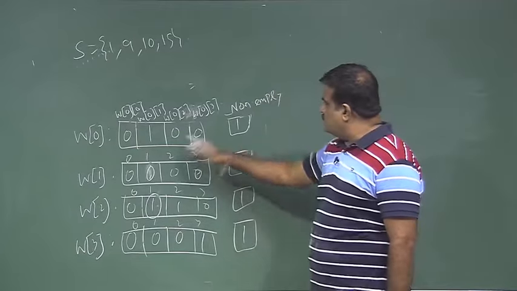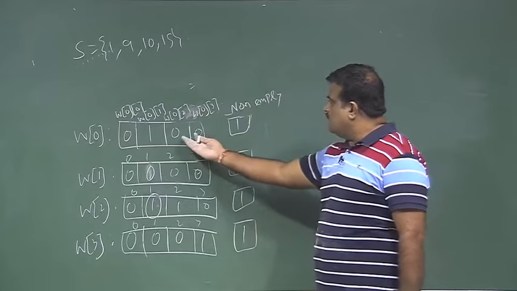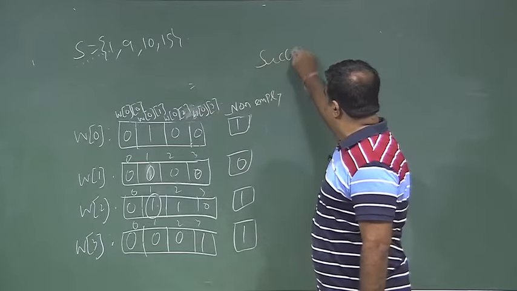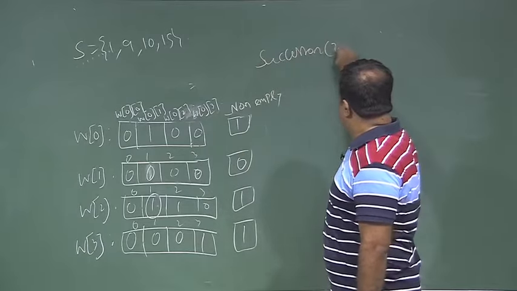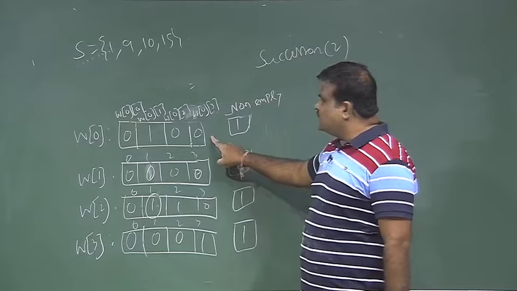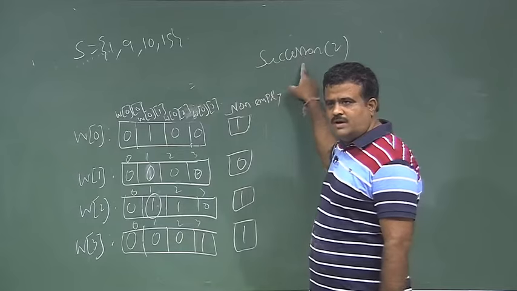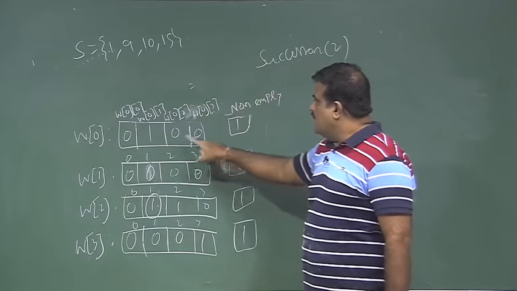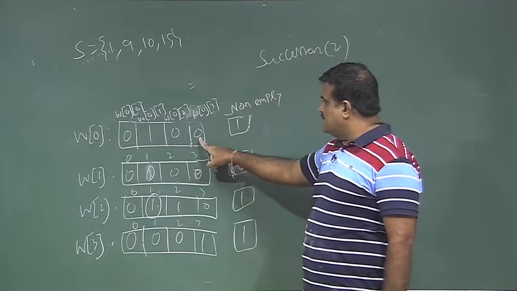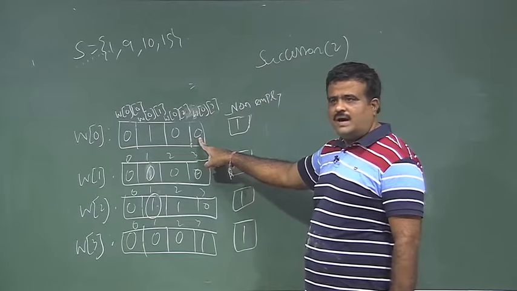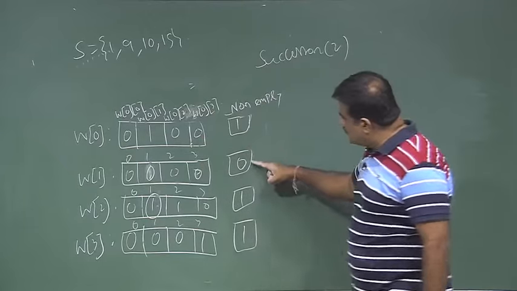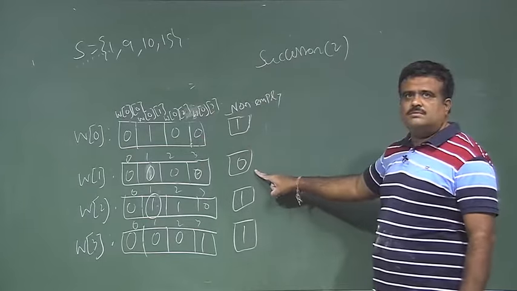Now, this will help us. How? Suppose you want to find the successor of 2. We first find the successor in the block to which 2 belongs. So, this is this block. After this we find the successor. If we get it, okay; otherwise we will next look at the non-empty block.